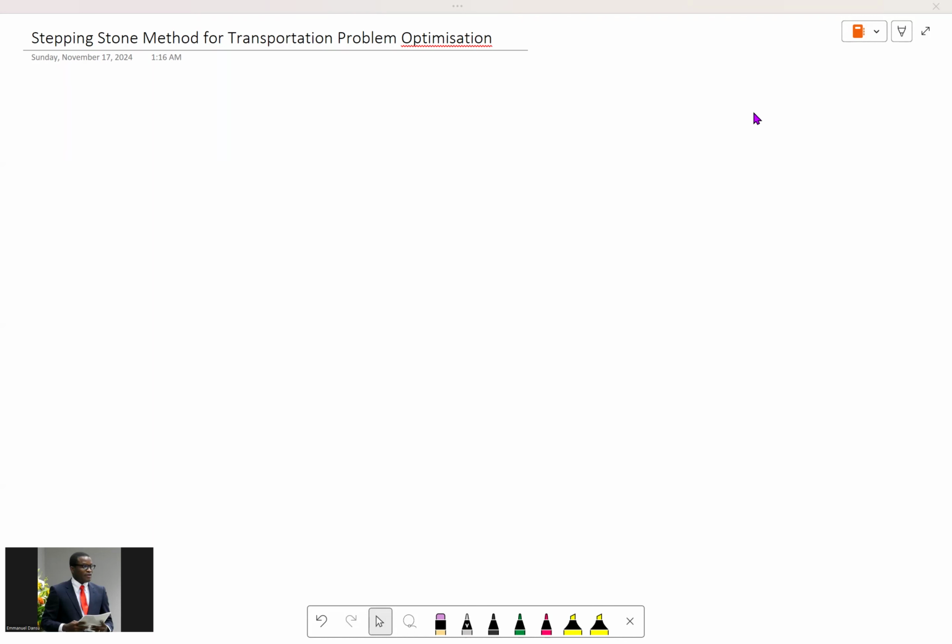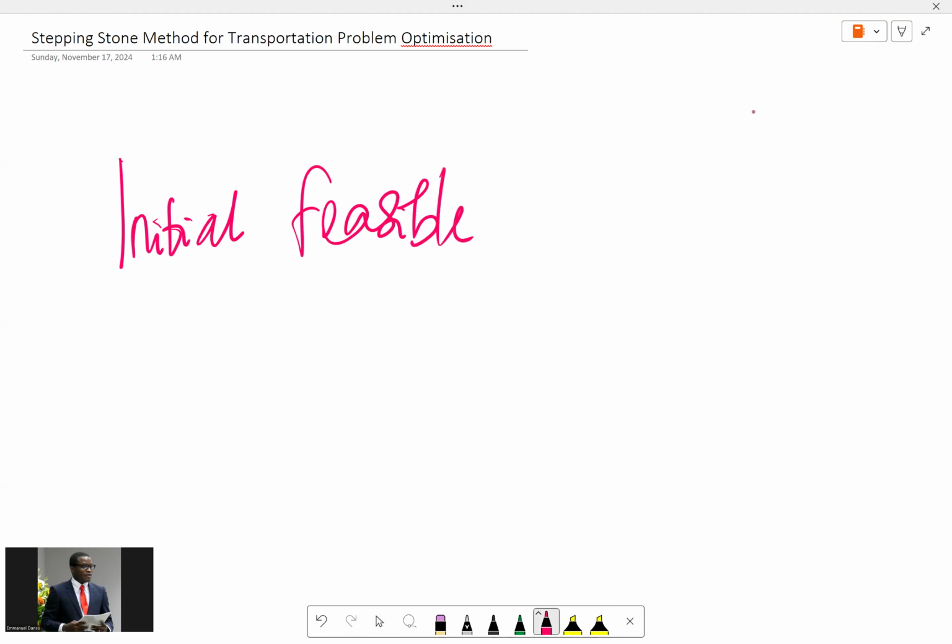I've said previously that when solving a transportation problem, the first thing you get will be the initial feasible solution.